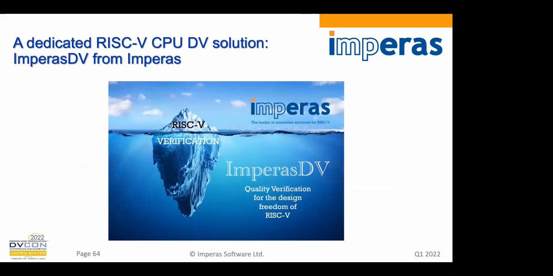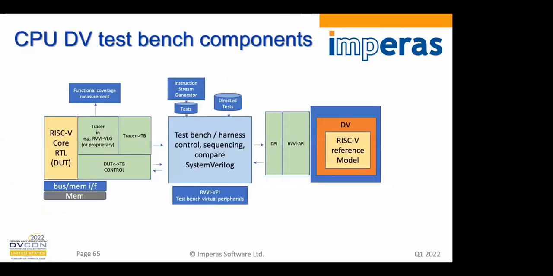Imperas DV is the name of the technology that we're going to drill down into. The basic test bench components in there: we're going to be talking about the Imperas DV, which is going to be on the right, the test bench, and then the RISC-V core on the left, which is going to be the lowRISC Ibex.